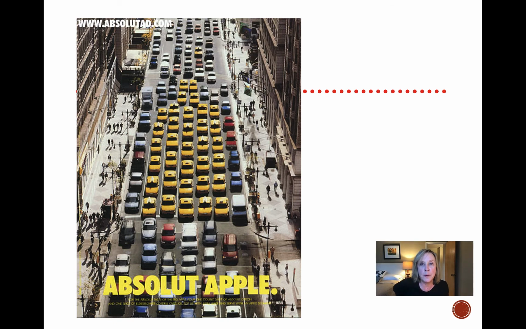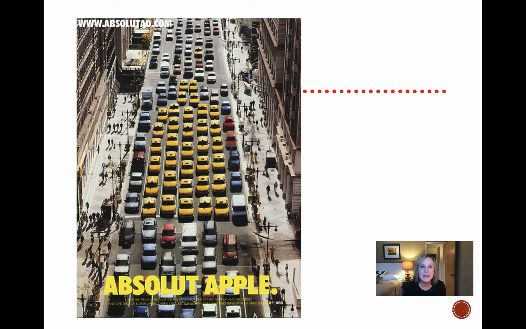Here's a wonderful example of similarity being used in an ad. Absolut Vodka had a series of brilliant ads, and I encourage you to Google Absolut Vodka ads to see. You'll see many examples of the way artists created vodka bottles in art different ways. In this, we have a perfect example of similarity, right?